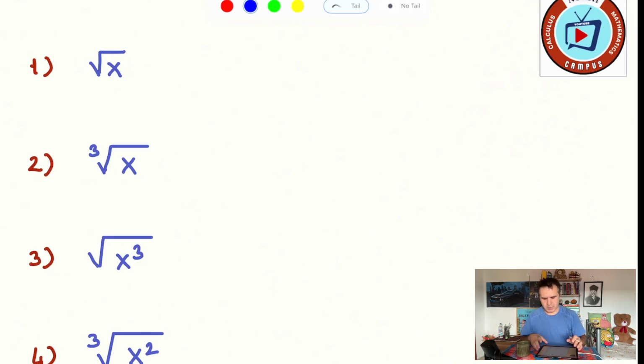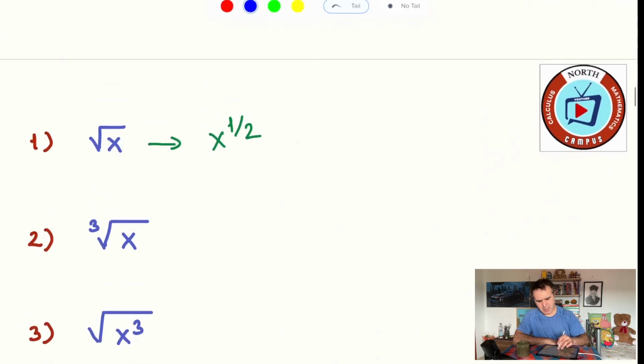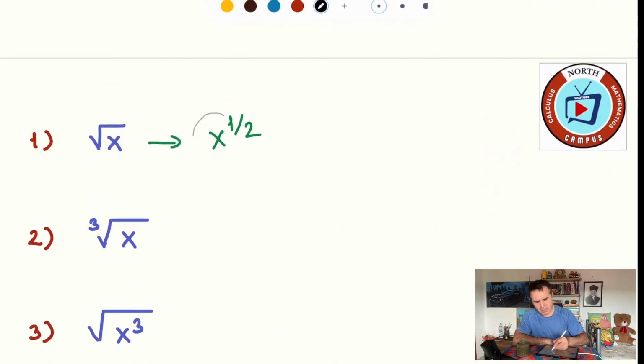For example, in order to take the derivative of square root of x, we first have to write it as x to the power of 1 over 2. Then, when we take the derivative of all power functions, we first take the exponent as coefficient and subtract 1 from the exponent.